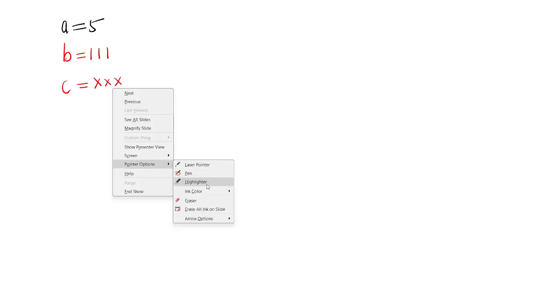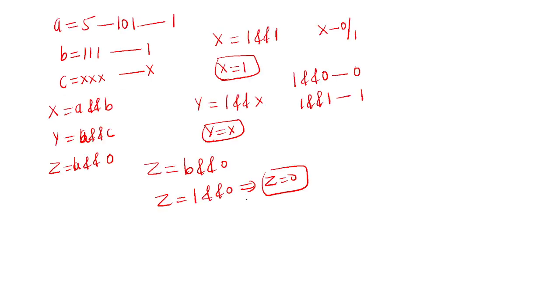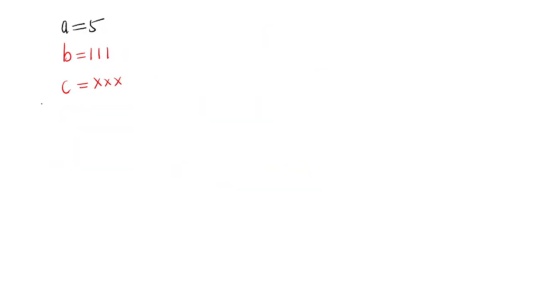Here I need to do which operation? Previously I did logical AND, no. Now I am doing X equal to A logical OR of B, and Y equal to A logical OR of C.